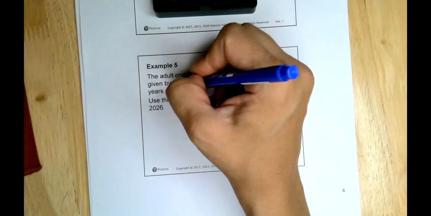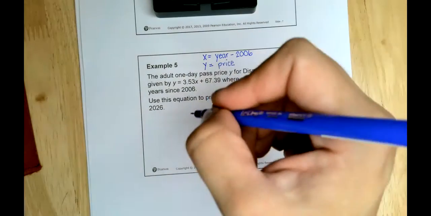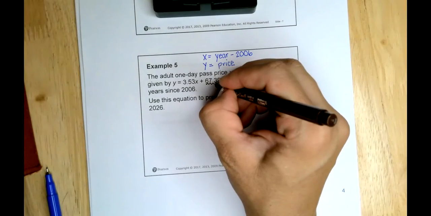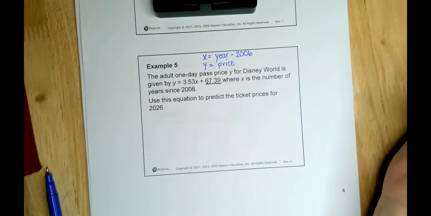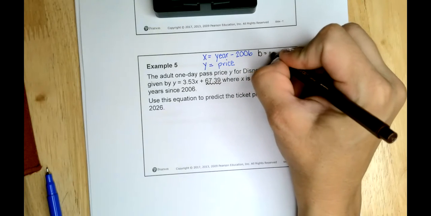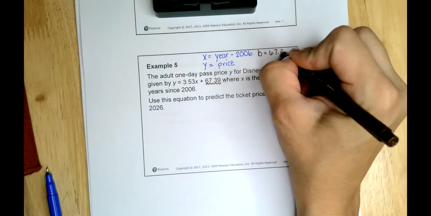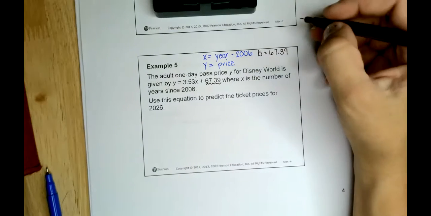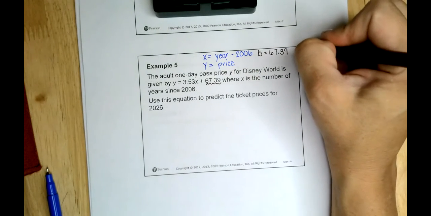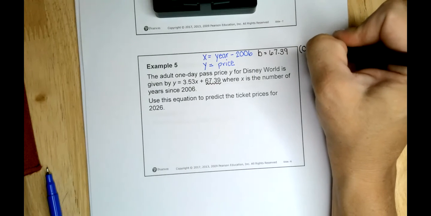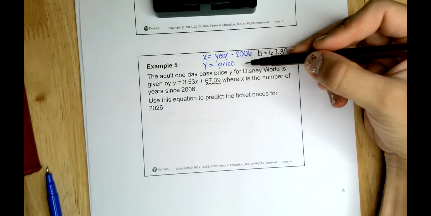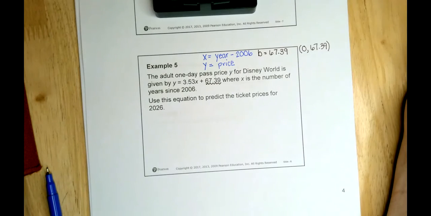What else do we know? It's in slope-intercept form, right? So 67.39 would be like the y-intercept, right? So the y-intercept means 0 for x, 67.39 for y. What does that mean? That means at year 0 or year 2006, right?